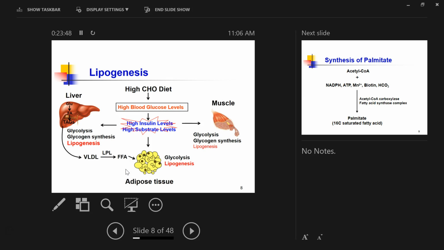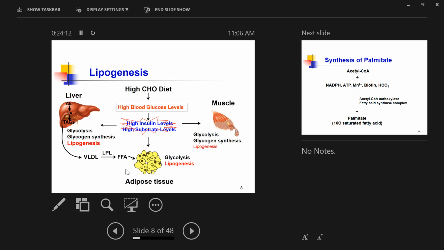Muscle can also do some lipogenesis, and adipose tissue takes up glucose and converts it to fatty acids. So lipogenesis can also take place in adipose tissue, but it is relatively small compared to the liver.